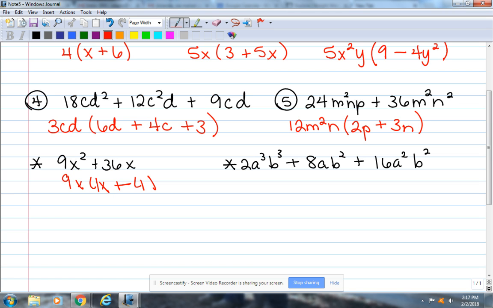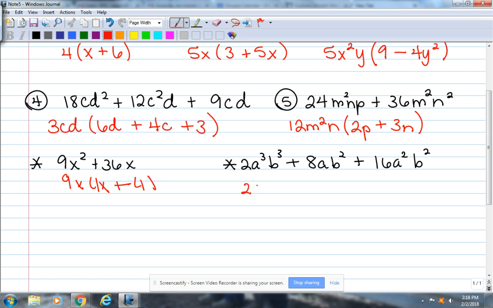All right. We've got 2a squared b cubed plus 8ab squared plus 16a squared b squared. Okay, so what's the largest thing that goes into 2, 8 and 16? It's 2.